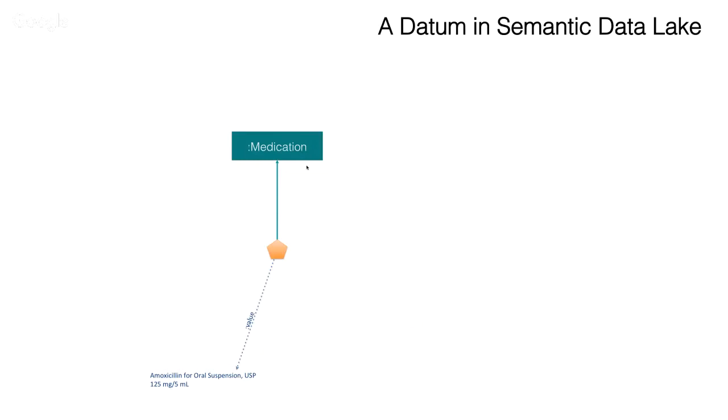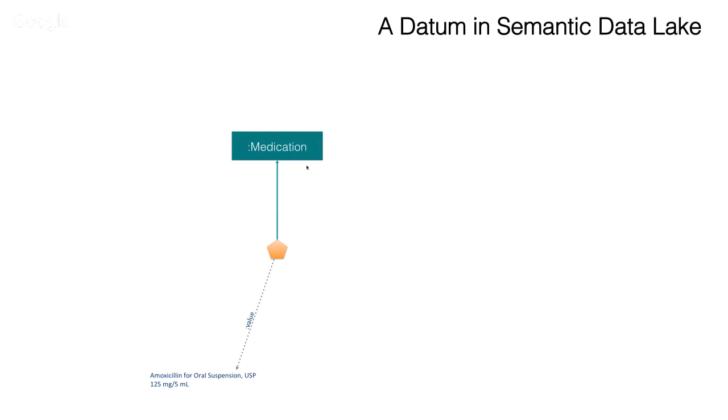The principal design architecture that has enabled Semantic Data Lake is to understand how a single data point is represented in Semantic Data Lake. Obviously, being semantic, it is linked to a term or an ontology that defines what that data point is, and a literal representation of that for human use.